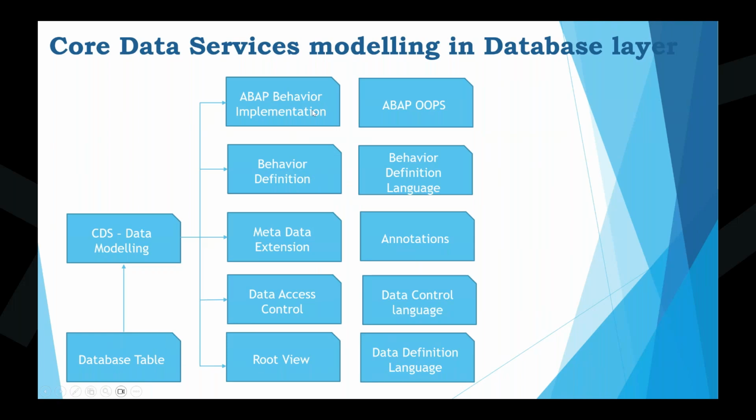This is the methodology we are going to use, and it is called RAP. I said best practices, best language and best methodology. So this is the methodology we follow to develop a RAP application. Clear? Any questions?